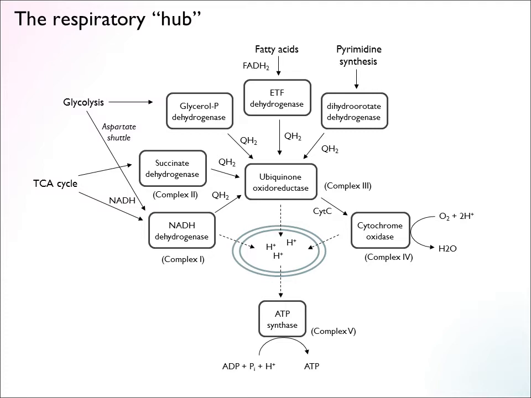So we say that NADH can enter this system, and it can follow this path and pump protons. But at the step of this oxidoreductase, this redox reaction here, where the ubiquinone, the Q, is accepted, there are also a lot of other complexes that can enter.